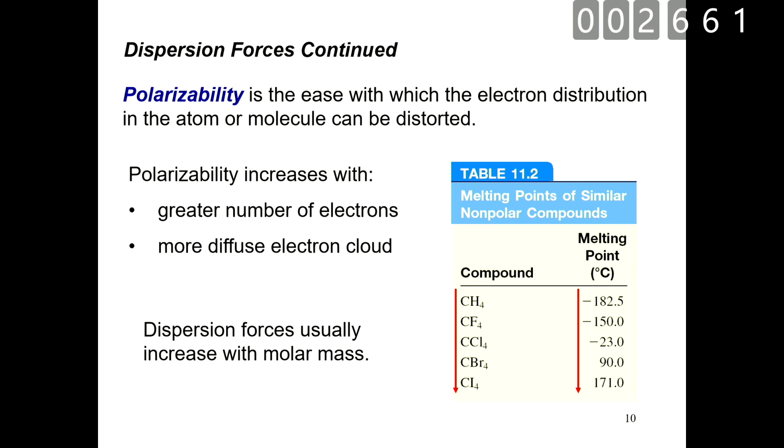This is why, from hydrogen to chlorine to bromine, the melting point increases, because they have much higher dispersion forces.